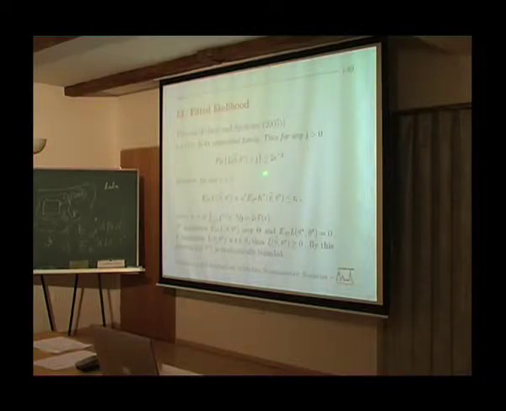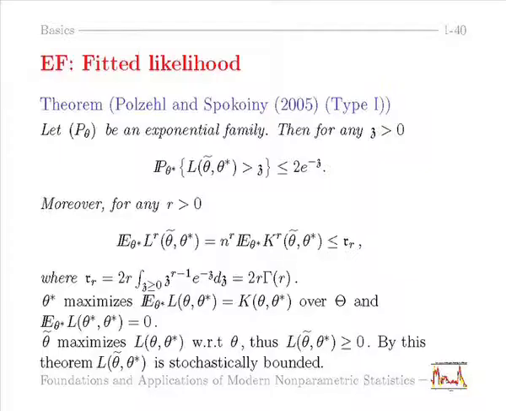And the result says that this guy cannot be too large in probability. It exceeds the prescribed value z with probability at most 2 times e to the minus z. This means this probability is exponentially small, and this is what is surprising. This is exact and independent of the sample size.